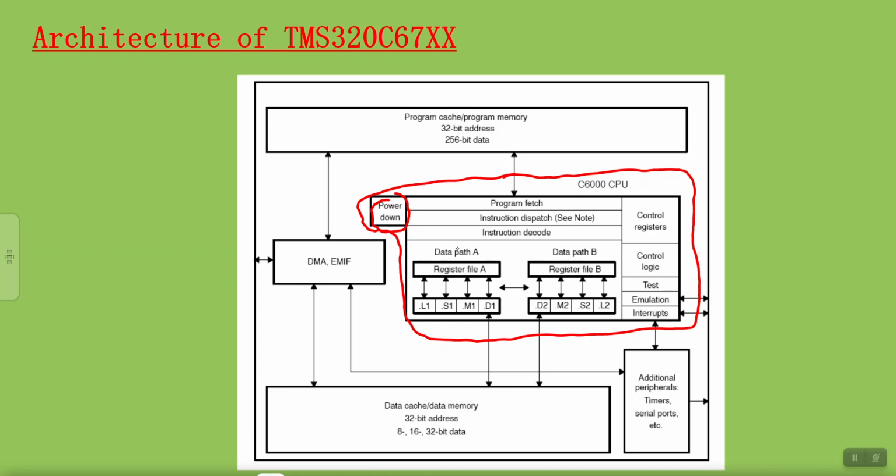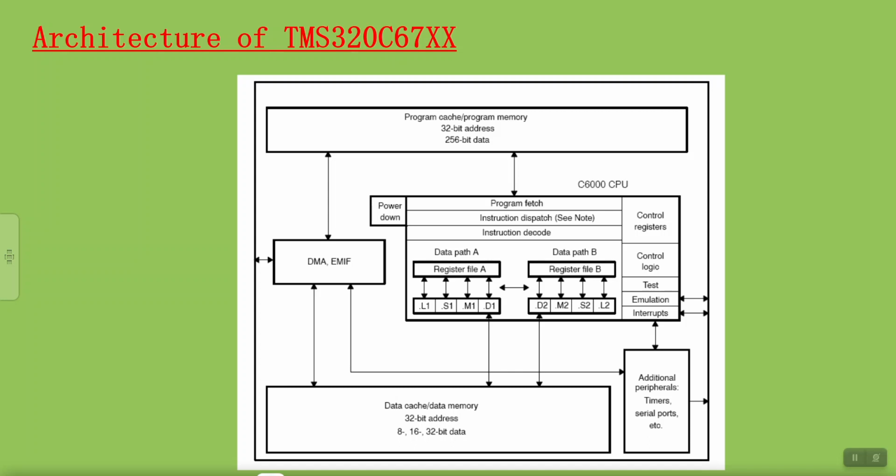Here we have two data paths, data path A and data path B. Data path A consists of register file A. Similarly, data path B consists of register file B. Each of them has 16 registers. So there is a total of 32 registers in the CPU.